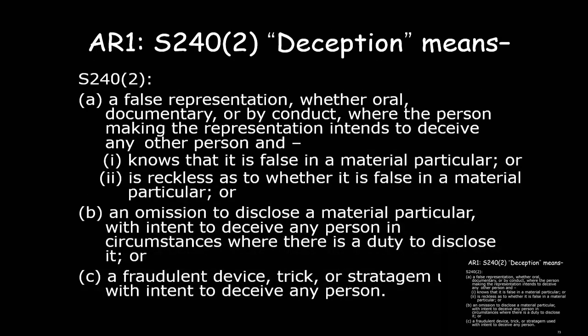Now, deception has quite a wide meaning, and it's defined in section 240, subsection 2. So you've got three different types of deception. You've got a false representation, and that can be oral, documentary, or by conduct.